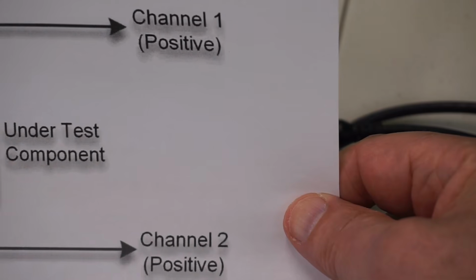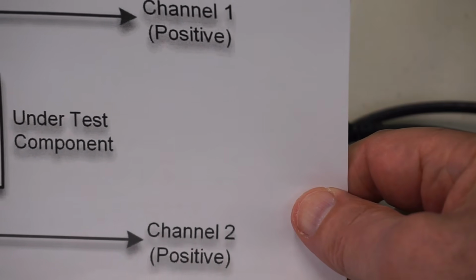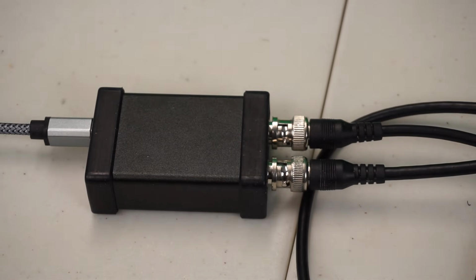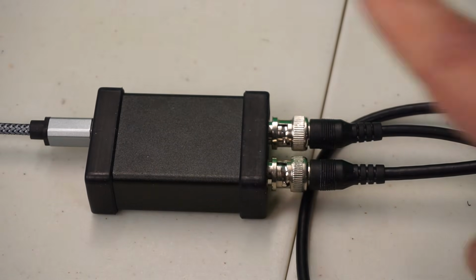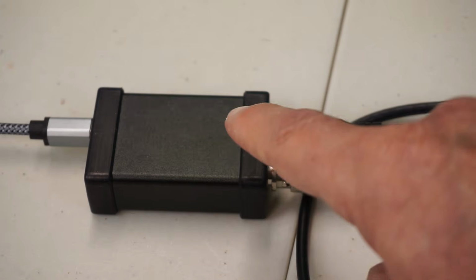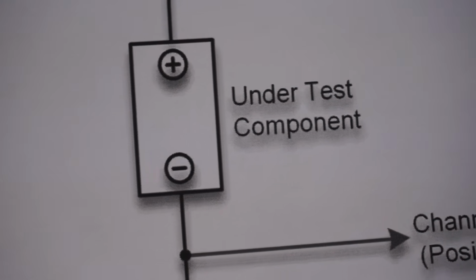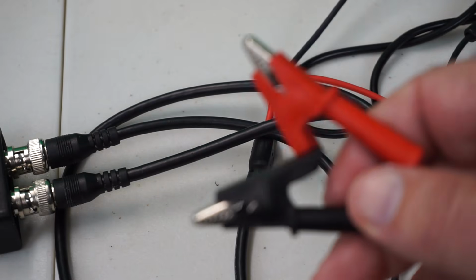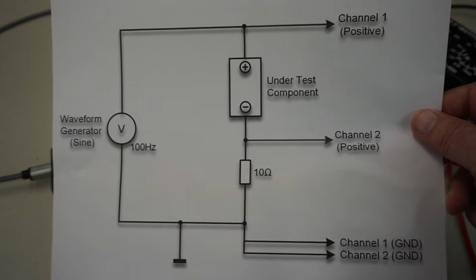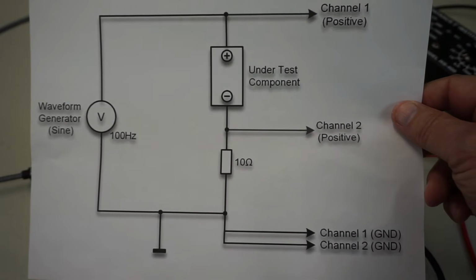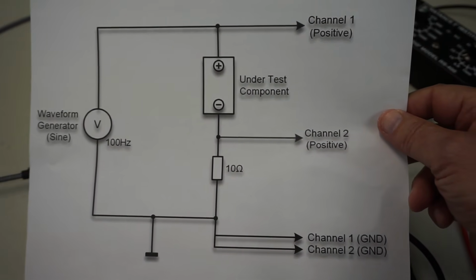The outputs going to channel 1 and channel 2 of the HS512 Max oscilloscope. And for the component under test, these two alligator clips. Probably one of the most basic circuits I could find to demonstrate this feature.